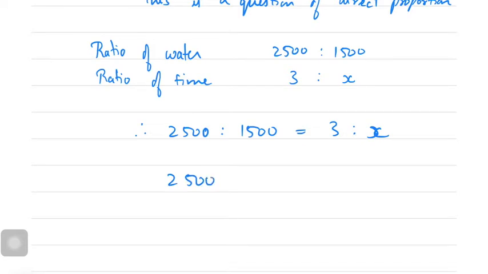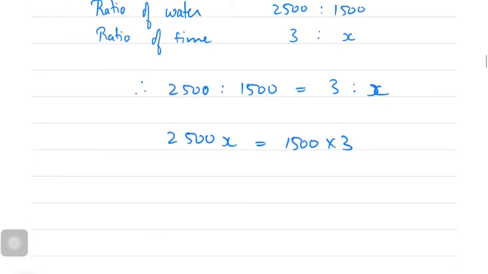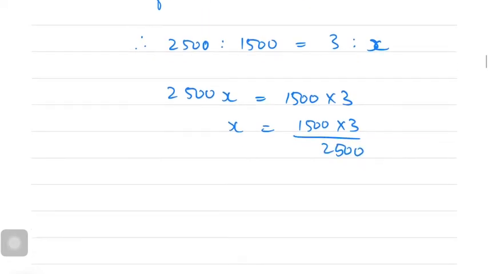Okay. So 2500 X is equal to 1500 into 3. So X is equal to 1500 into 3 divided by 2500.